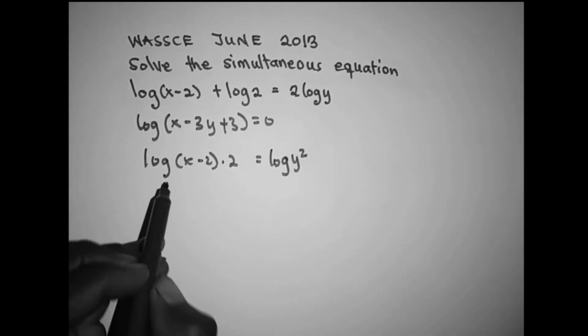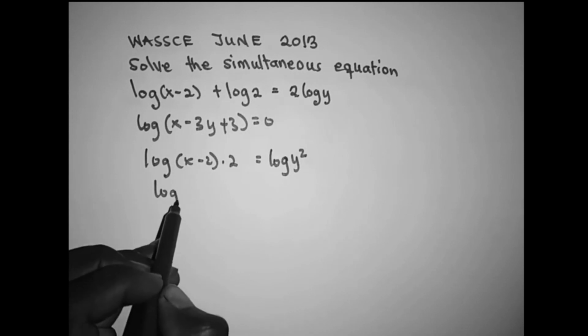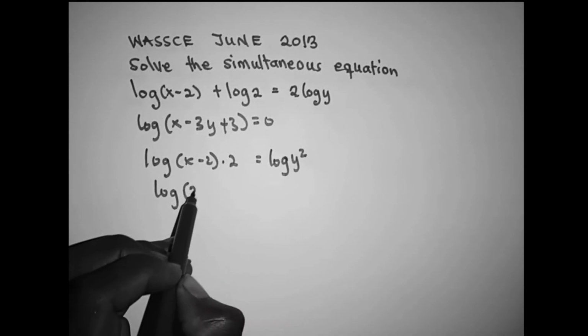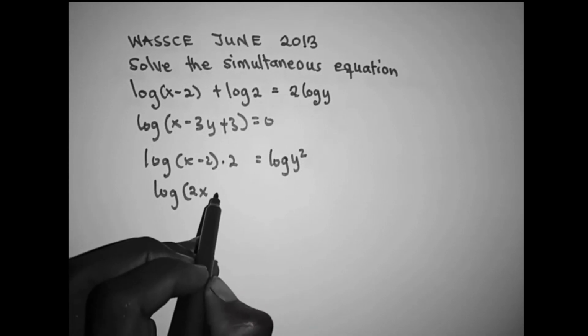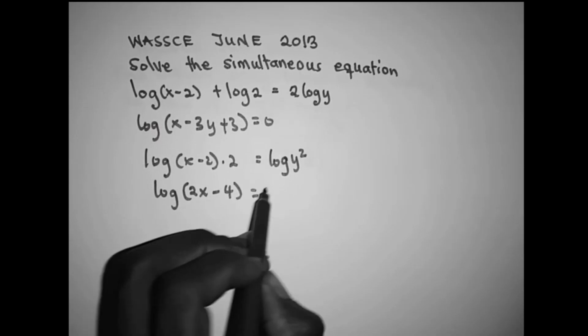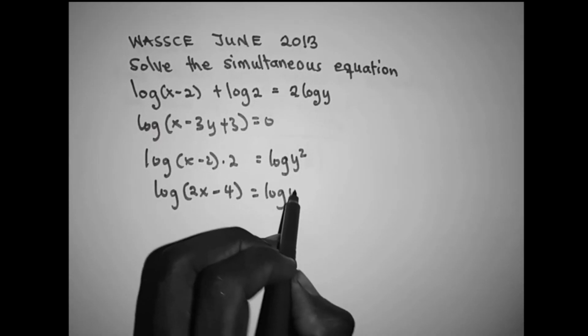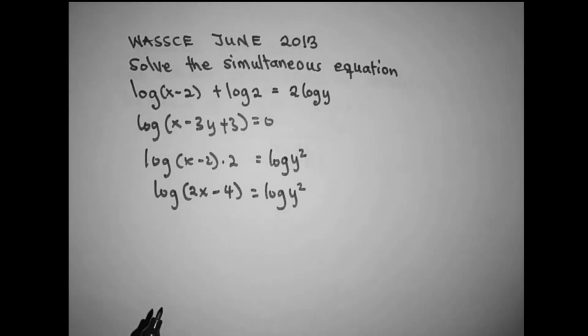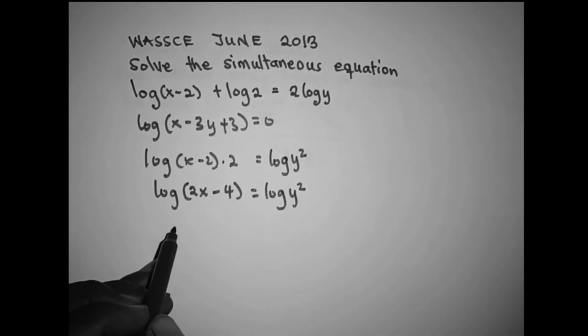So now this becomes log 2 times x is 2x. 2 times minus 2 is minus 4 equals log y exponent 2. But remember what we said earlier.